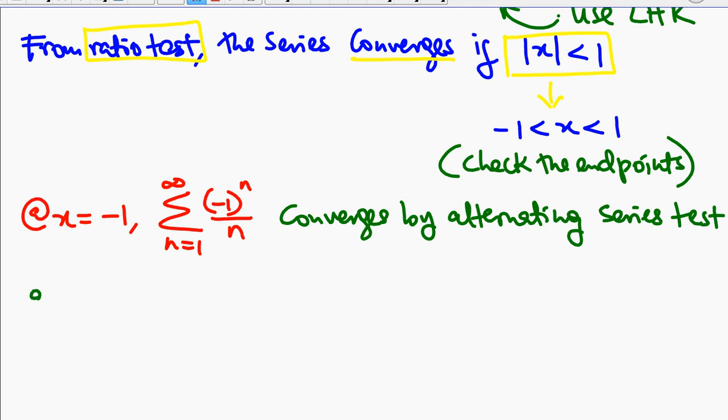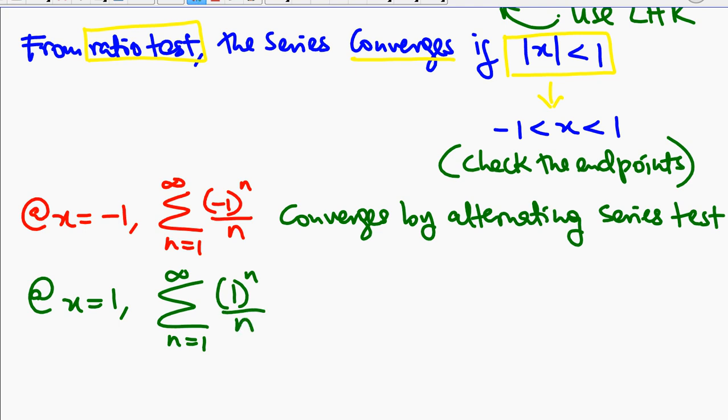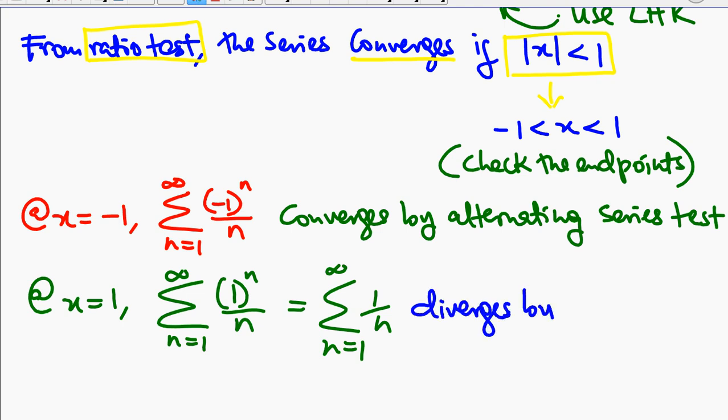And at x equals 1, our series is, plug 1 in place of x, so you'll just have 1 to the power n over n, which is simply 1 over n. And this is a harmonic series, right? We know that this diverges by p series test.